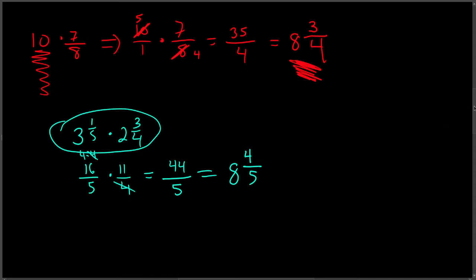Let's look at this with some divisions. So 3 and 2/7 divided by 2 and 3/14. Again, I'm going to turn this into improper fractions.